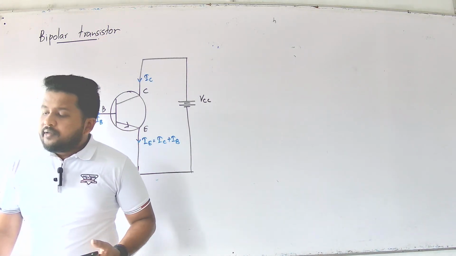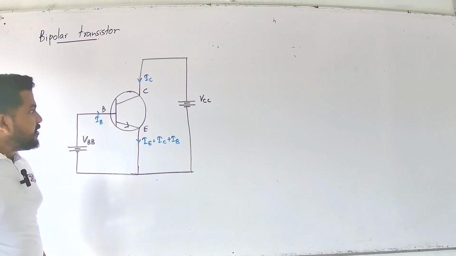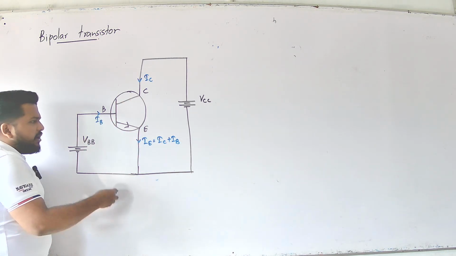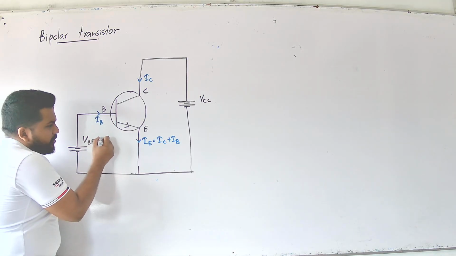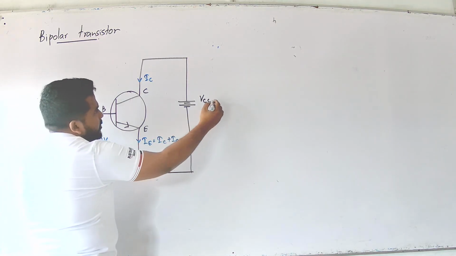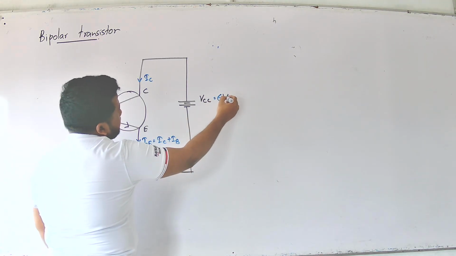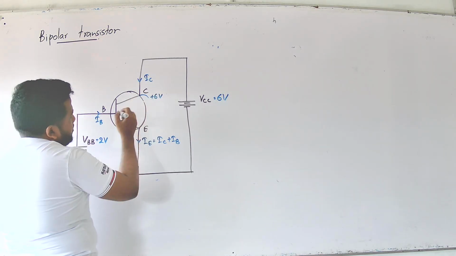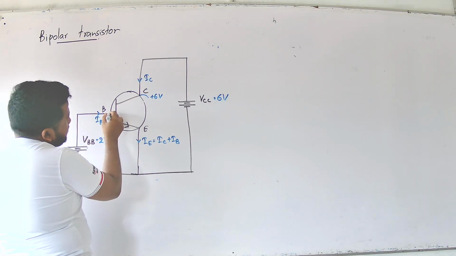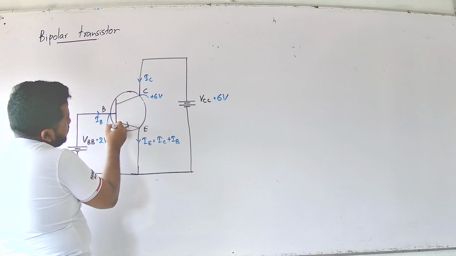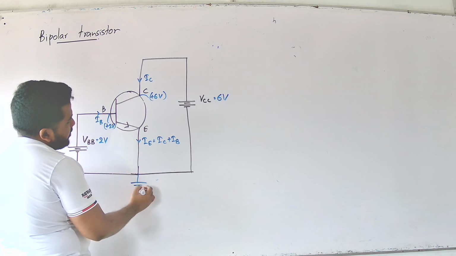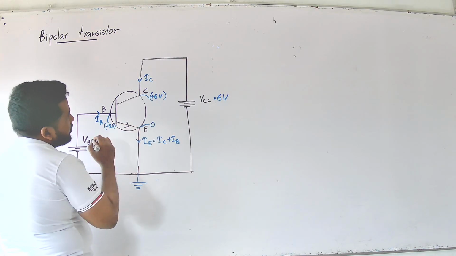So, right. So we are using a higher potential to C and lower potential to B. I will take as the example 2 volts and 6 volts. So this is +6, this is +2, right? So this is earth, this should be 0.